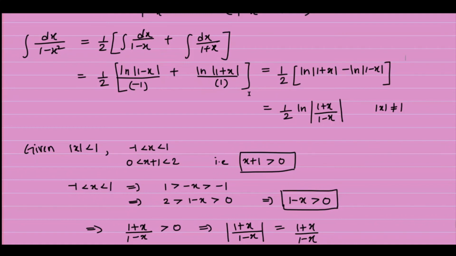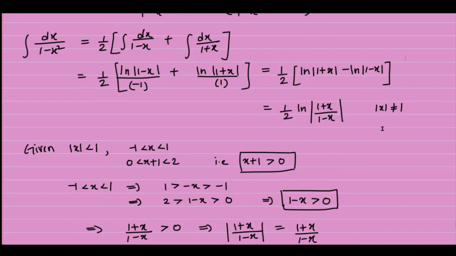So we get this equal to half [log modulus of (1 plus x) minus log modulus of (1 minus x)]. Now log a minus log b is nothing but log a by b. So I can write this as half log modulus of (1 plus x) by (1 minus x).